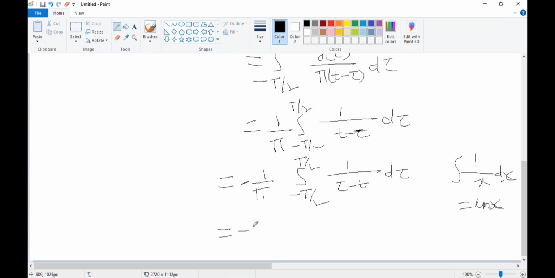So this is equal to minus 1 by pi, integral of 1 by x is ln of x, and in place of x I have tau minus t.